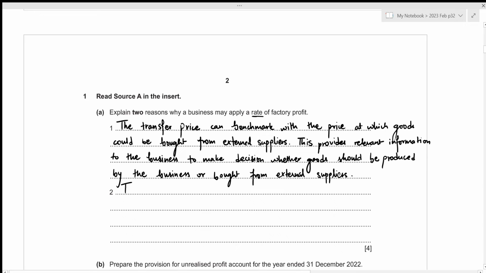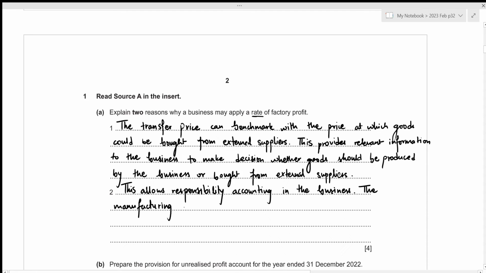Let's write it down. This allows responsibility accounting in the business, and the manufacturing department is treated as a profit center.